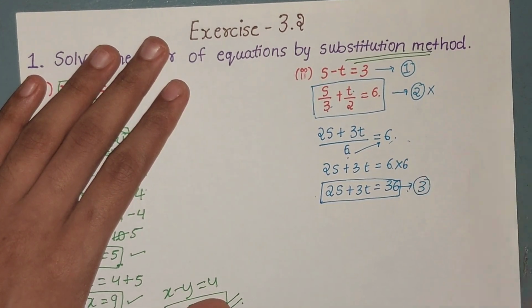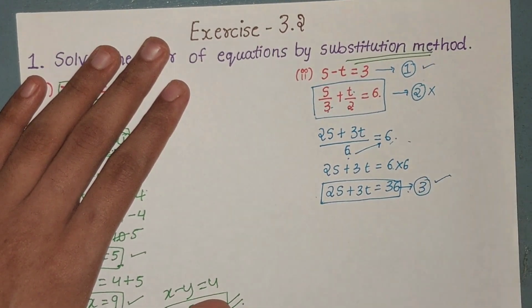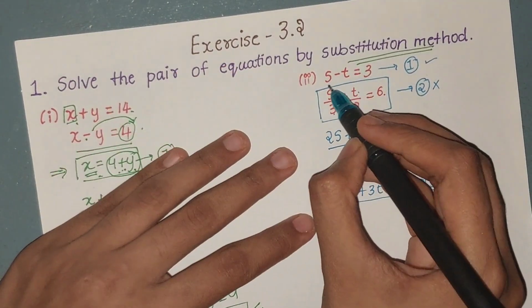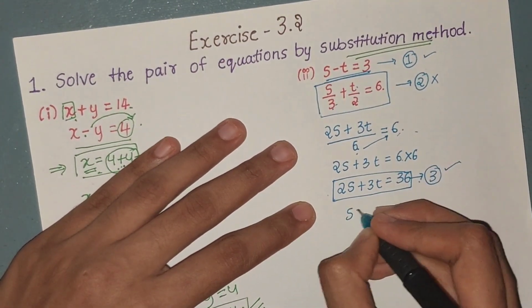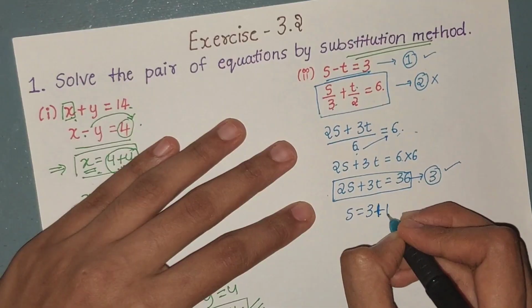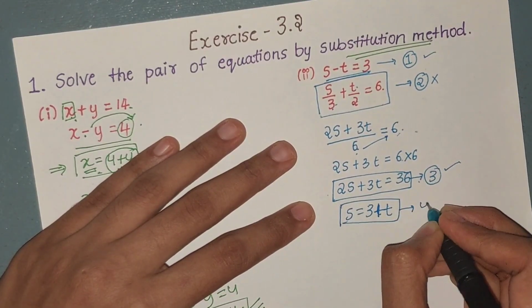Now there is no use of my second equation. I'm going to solve this and this now. Once again I'm going to use this: s is equal to 3 plus t, equation 4.